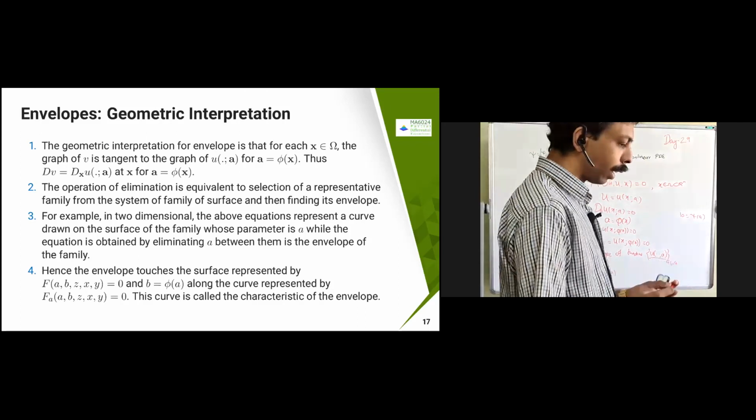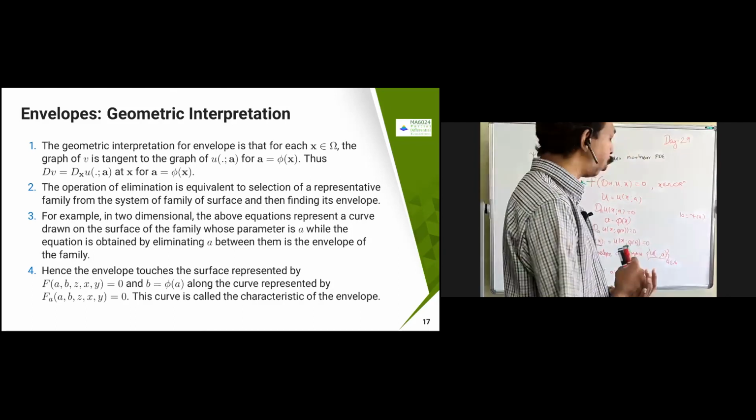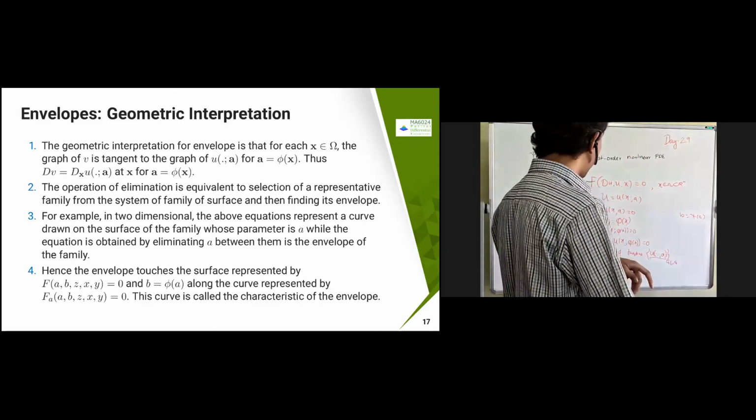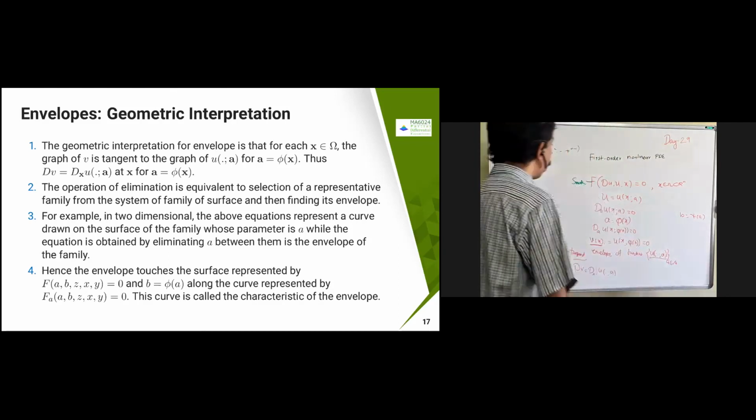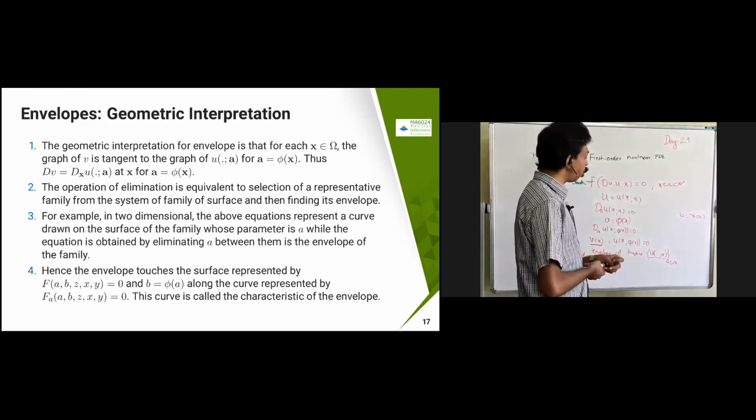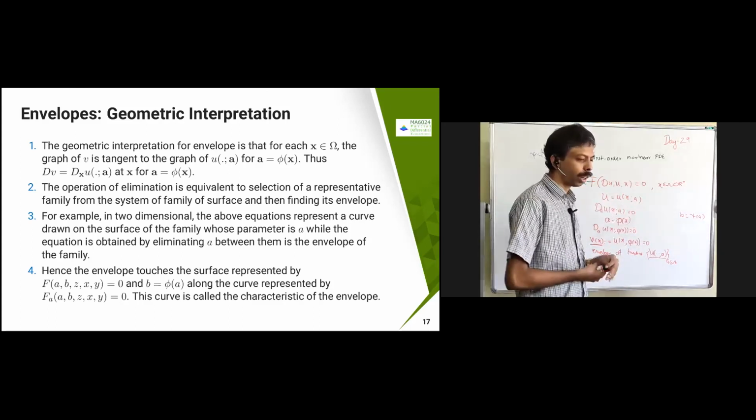Again, the geometric interpretation. We have a solution u equals u of x comma a, and we are trying to eliminate a constant.